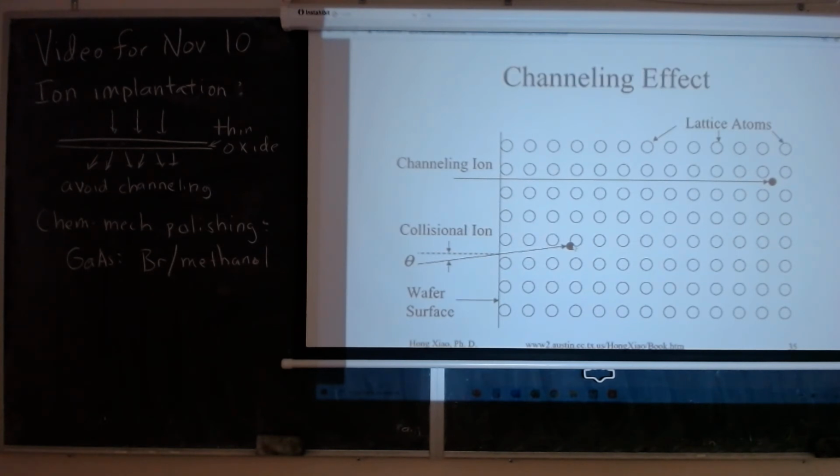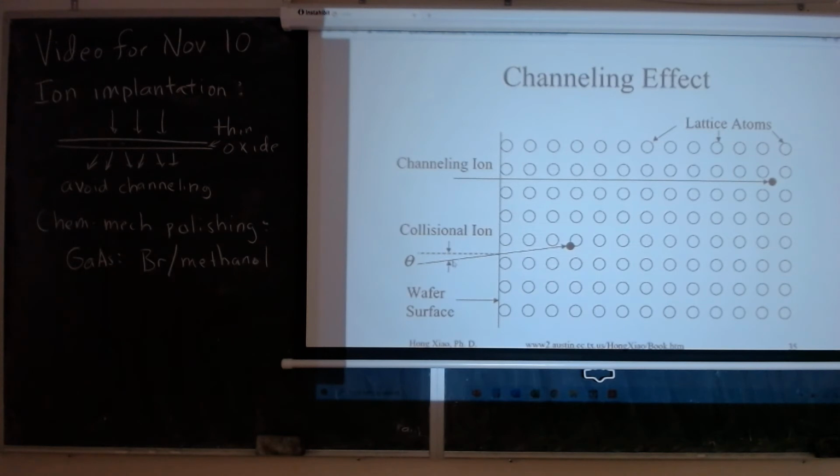If the ball doesn't lose any energy in the collisions, it's just going to keep going. So you want this angle high enough that it hits that atom and gives a good fraction of its energy to the lattice atom. And as he says in the textbook, that angle is typically 7 degrees.